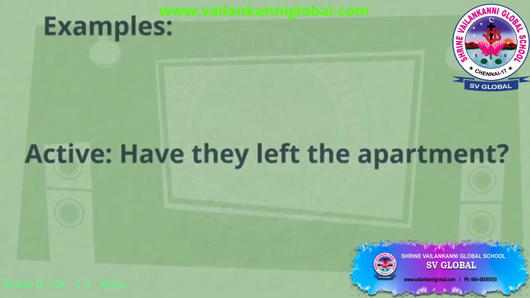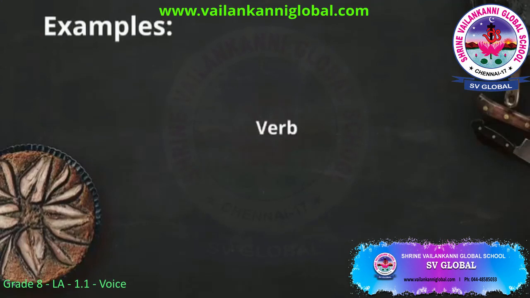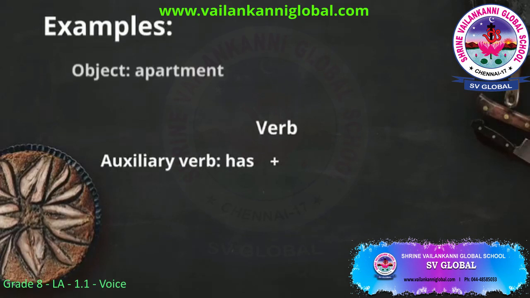Let's change it into passive form. Remember, we must begin the question with an auxiliary verb, even for passive form. The object of the statement is apartment. It is singular, and so we must begin the question with has. Has, the object, as I already said, is the apartment. Has the apartment, then we must add been.